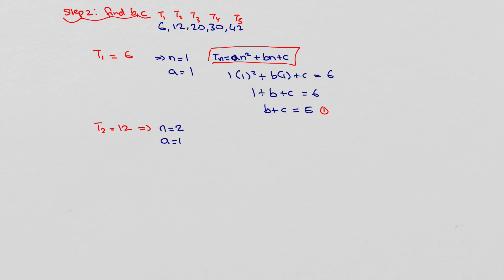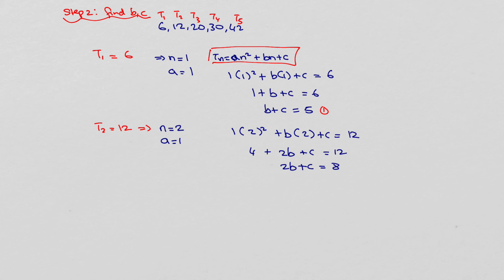So if I sub into my general term, an squared plus bn plus c, a is 1, n is 2 this time, b we're trying to find, and that term is 12. So we have 1 times 2 squared, which is 4, plus b times 2 plus c is equal to 12. So we have 2b plus c is equal to 8.